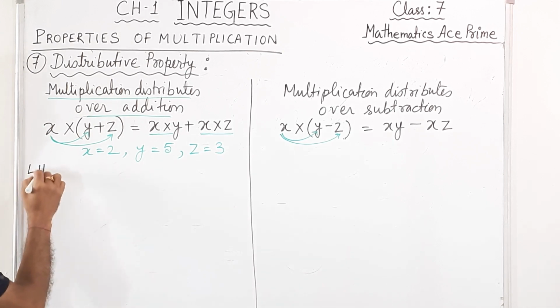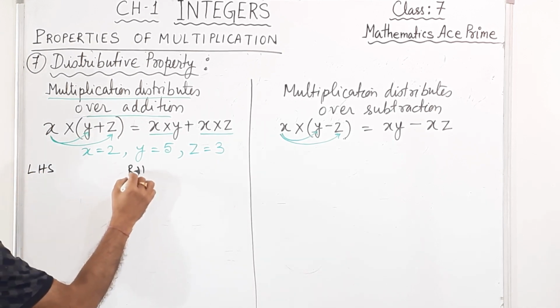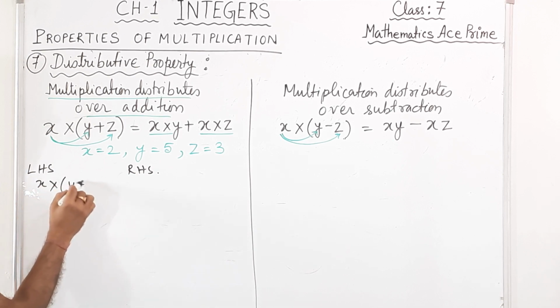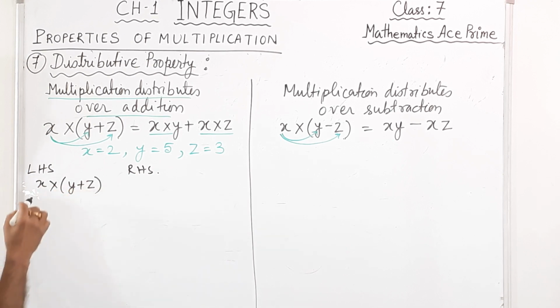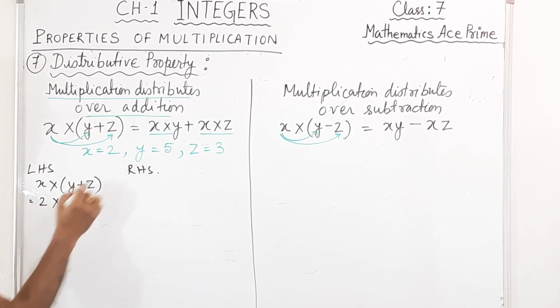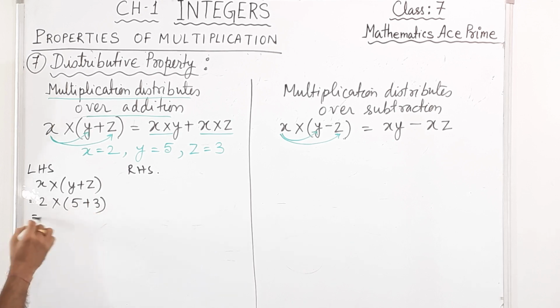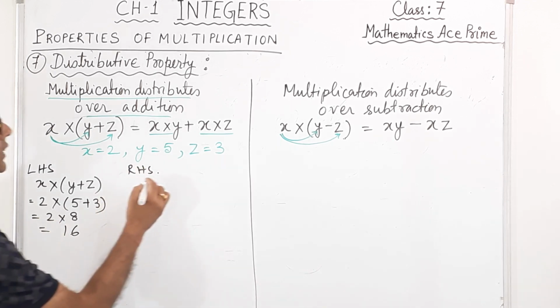Now LHS and RHS. LHS is x into (y plus z). So x is 2 into y is 5 plus z is 3. So 2 into (5 plus 3), which is 8. So how much do you get? 16. Clear? Now RHS.